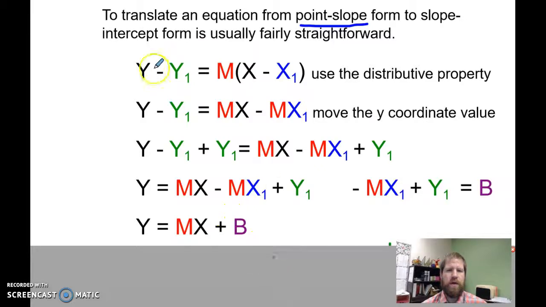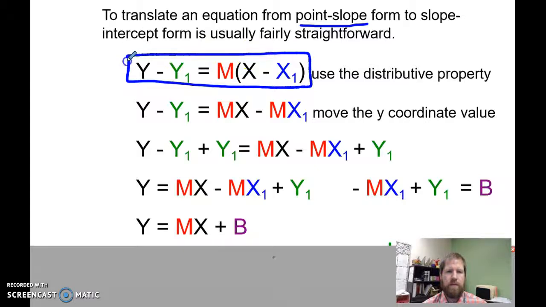You have your point slope form. We've input our point, we've input our slope, if that's what we're given. And then to get it into slope-intercept form, we are going to go through a couple steps.